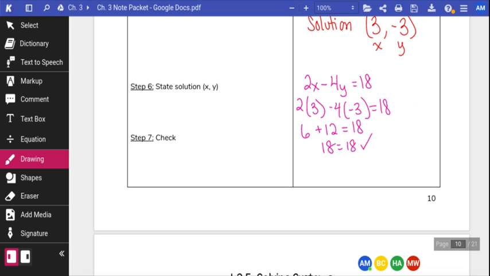I'm going to write it right next to it in the space over here. 5x minus 6y is equal to 3. So I'm going to substitute in 5 times my x value minus 6 times my y value equals 3. 15 plus 18 is equal to 3, which is true.